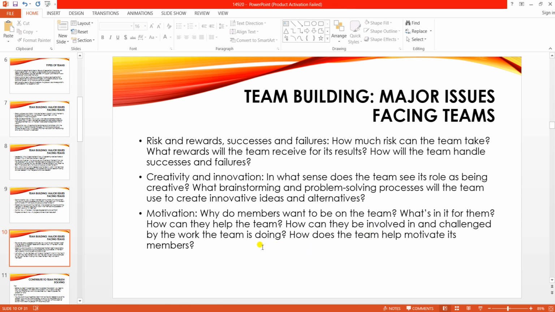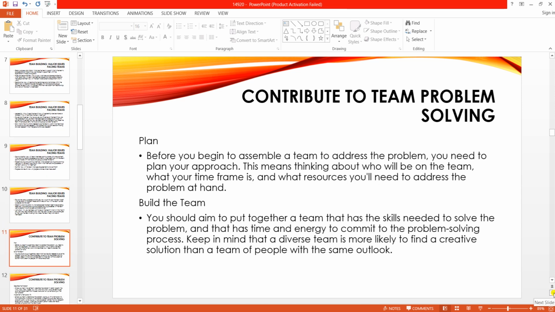So we need to motivate the team always by providing skills and having team building, in order for them to clear some of the things in their minds, to have more time to think of besides work. So now we need to look at what we can contribute to problem solving. On the next slide, I'll be taking you through the contribution to team problem solving.